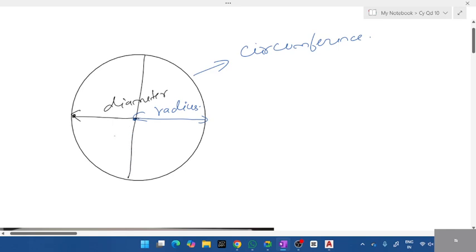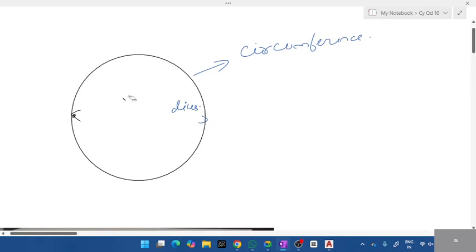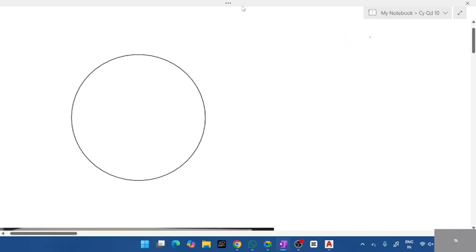Diameter can be in any direction, like this, like this. We'll have n number of diameters. So radius is done, diameter is done, circumference. Next, what do you call a part of the circumference?